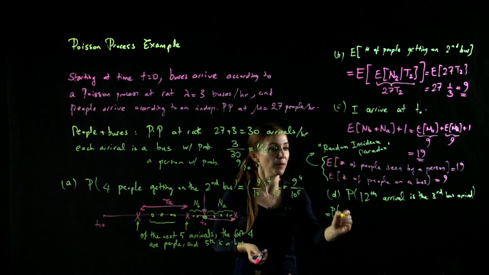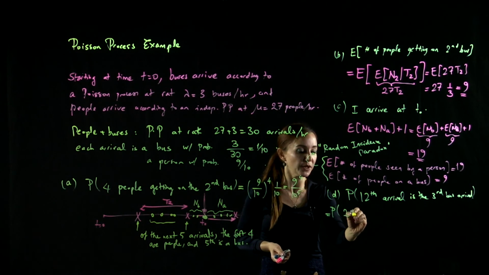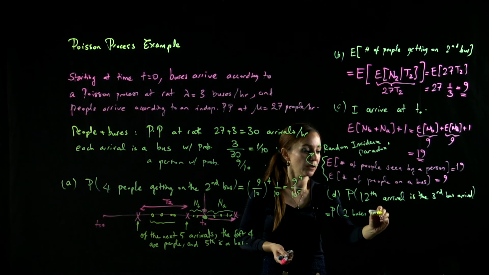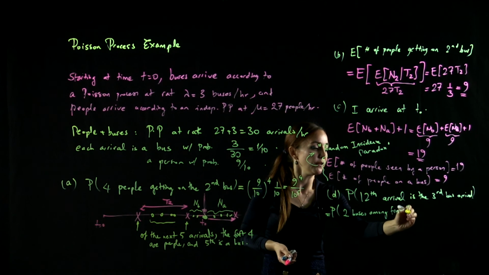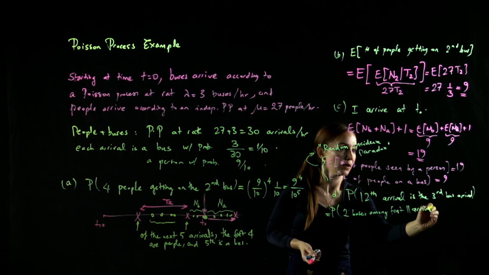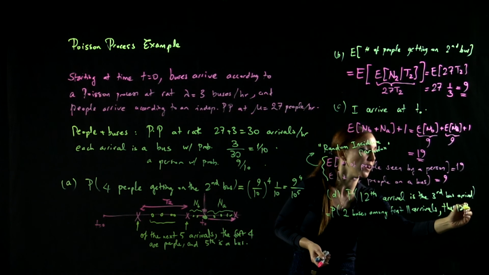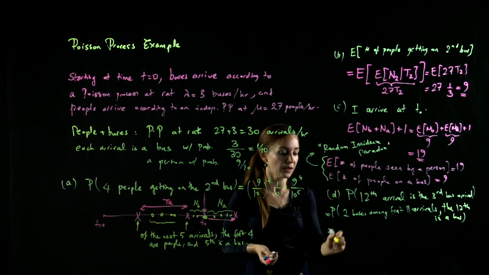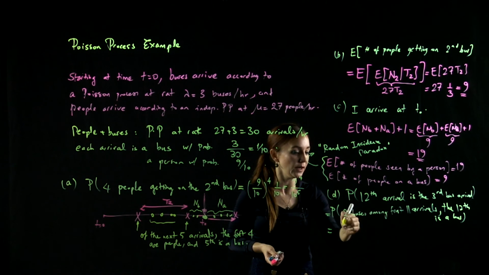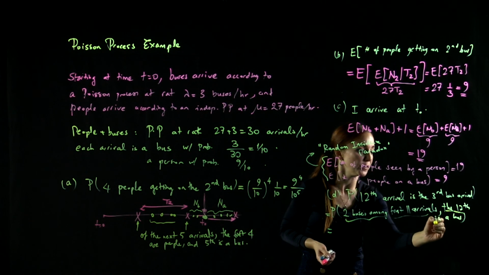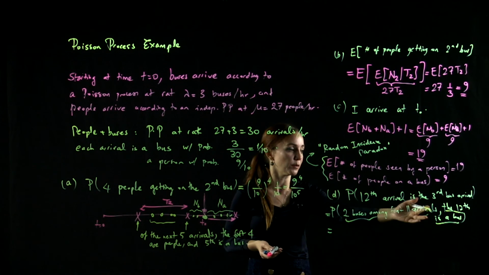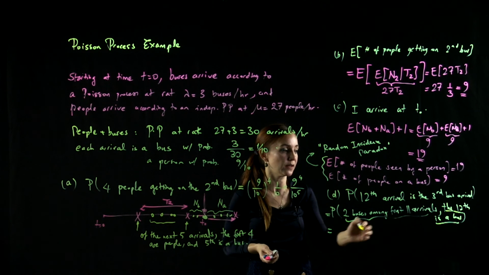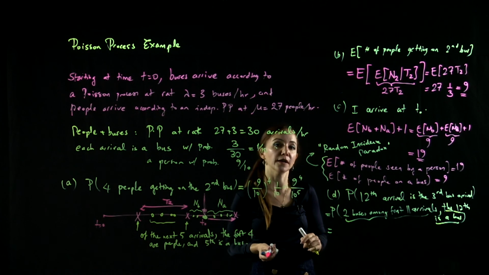This is the probability of the event that there are 2 buses among the first 11 arrivals and the 12th arrival is a bus. By independence of the Bernoulli trials, we multiply the probabilities of these 2 events that we are considering the intersection of.